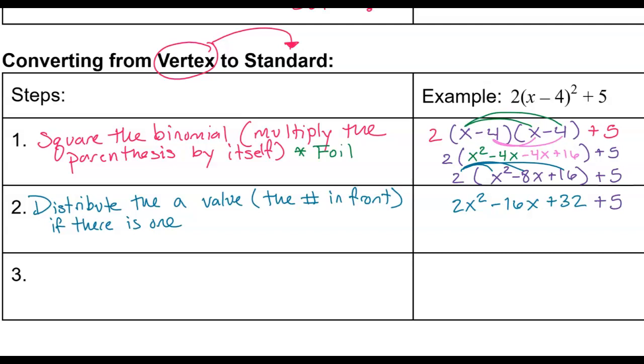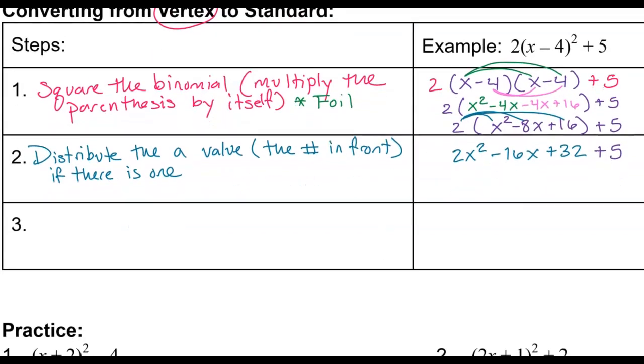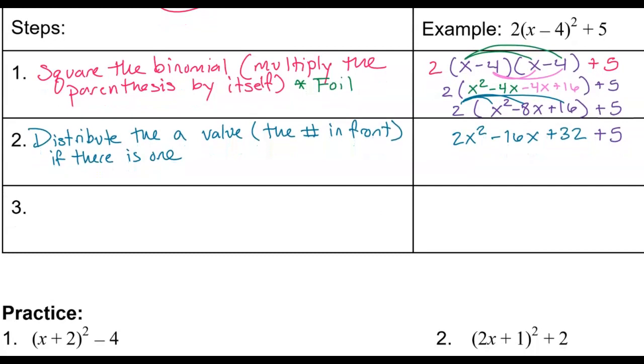And what do you think the last and final step is here? Anybody? What do we think the last step would be? Combine like terms. So, what should we end up with as our very last term, Isabella, when we combine 32 and 5? 32 plus 5.